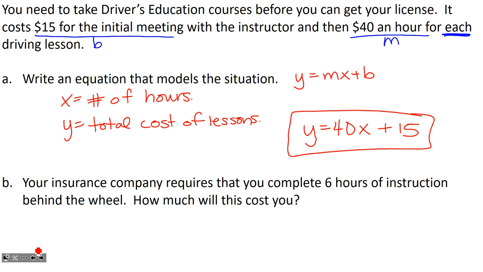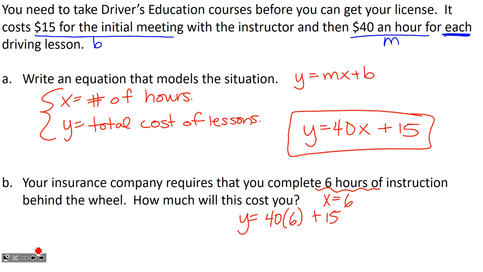Now, it says your insurance company requires that you complete 6 hours of instruction behind the wheel. How much will this cost you? So 6 hours of instruction. If I look at how I defined my variables, the number of hours is x. So in other words, they're saying that x is 6. You take your x is 6 and plug it into the equation.